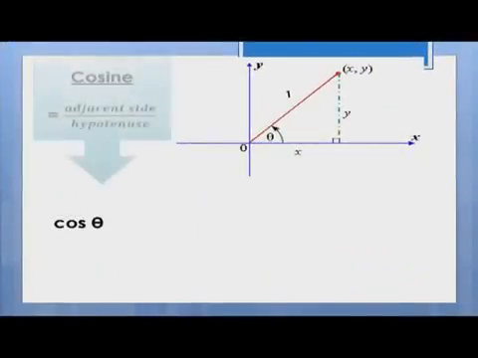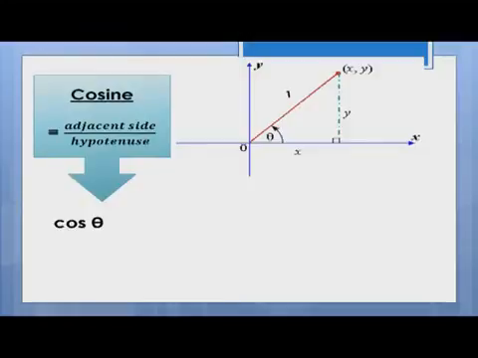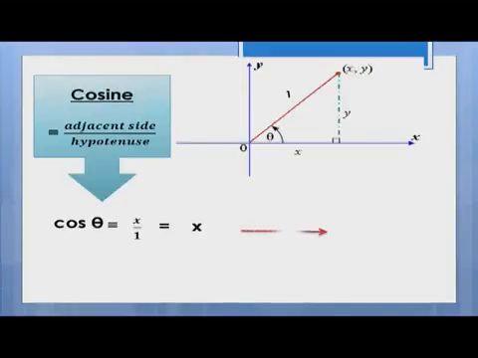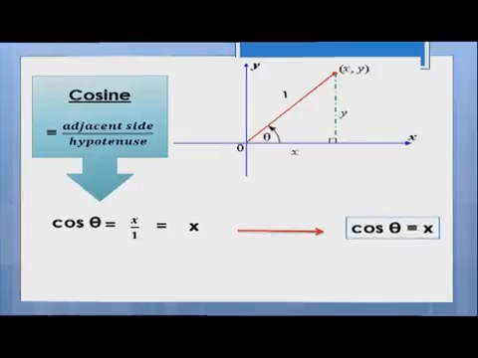Now let's move on to the cosine. Cosine theta is defined to be the adjacent side over the hypotenuse. The value of the adjacent side is x over 1, which is the hypotenuse. Then cosine theta is equal to x.